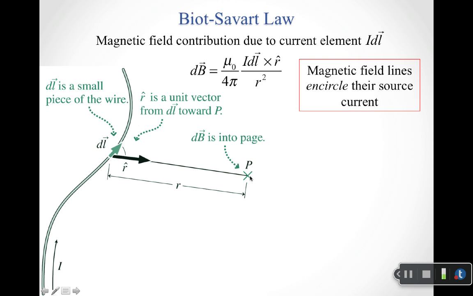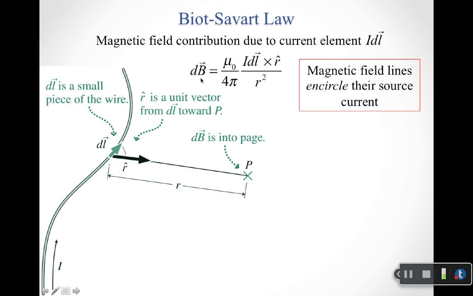One thing that we see is, if I'm over here and dB is pointing into the page, part of what this cross product means is that the magnetic field is actually going to circle around the source current. That's entirely due to this cross product.